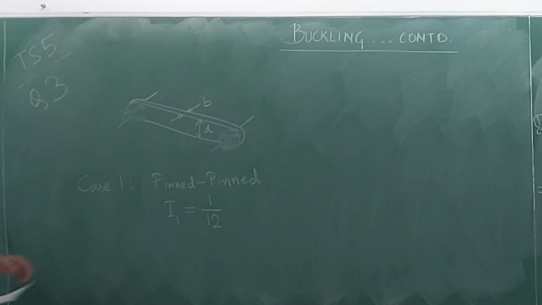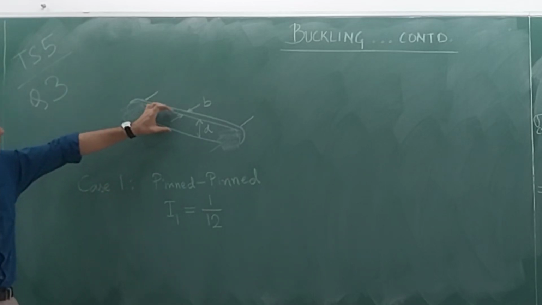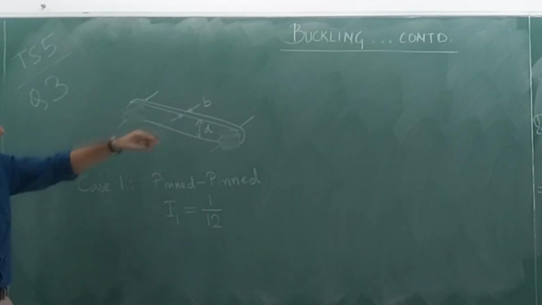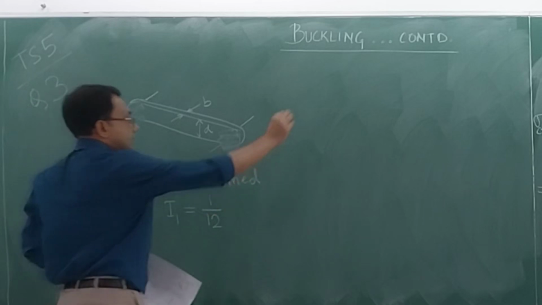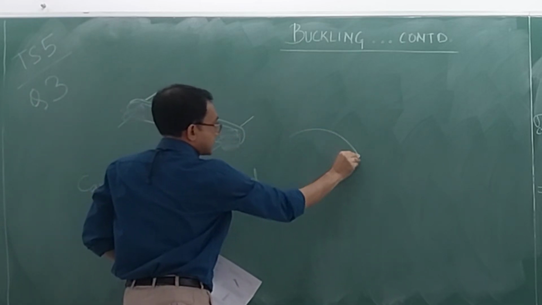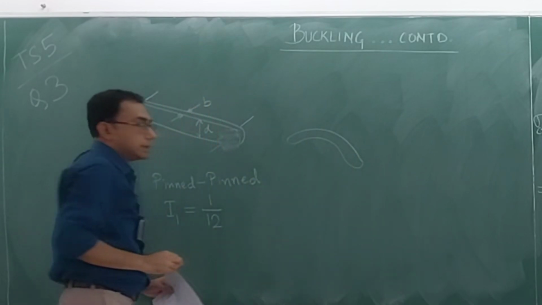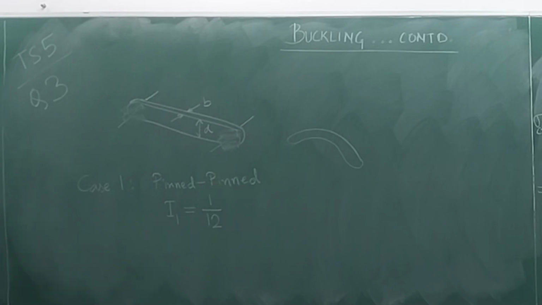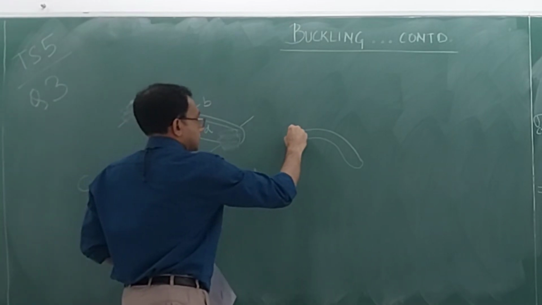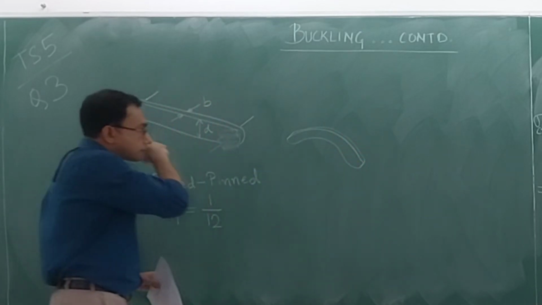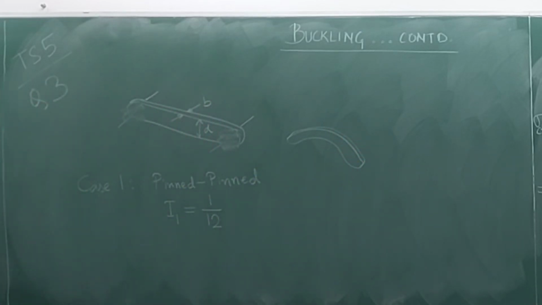See, when we are considering this thing, the buckling like this, so we are expecting this thing to buckle like this. Okay. This is an exaggerated diagram. Okay. So this is the thing.